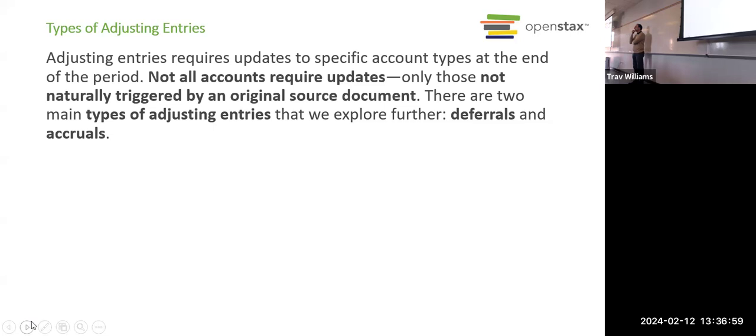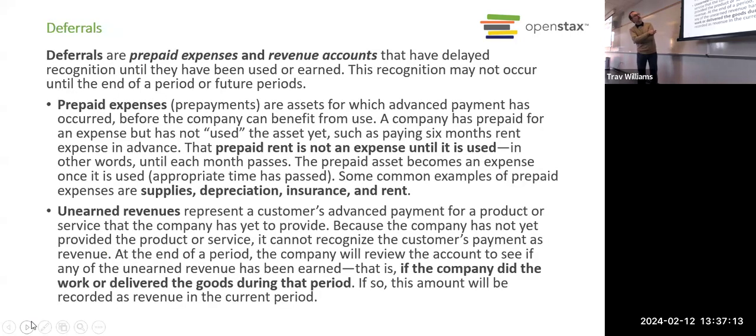And a deferred revenue would be the customers paid us and we haven't provided the service or product. Yeah, prepaid is a good way to look at it. Okay, very good. Okay, so that's what it says here, prepaid, right? Deferrals are prepaid. All right, and it does apply to both expenses and revenue.